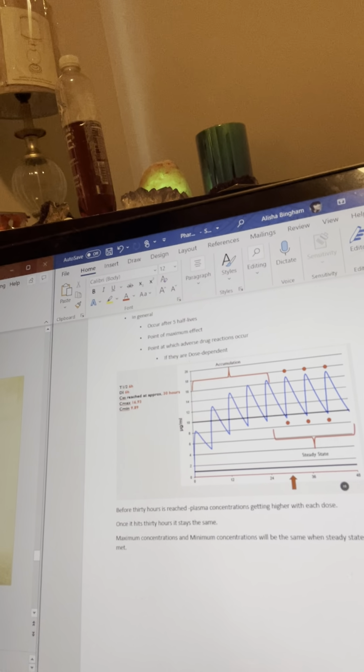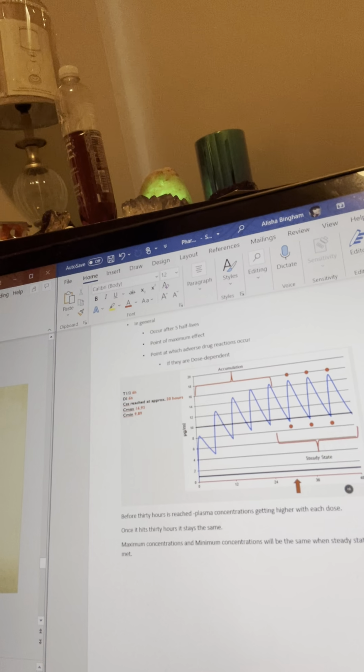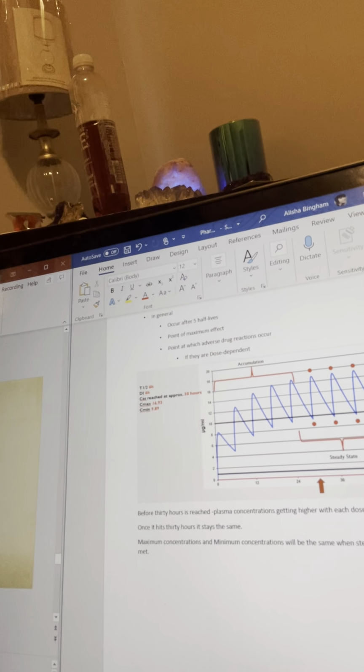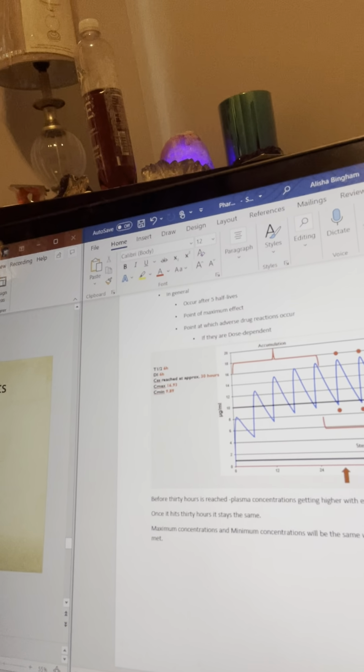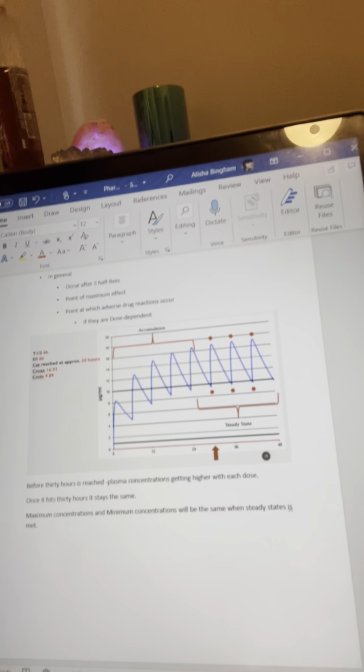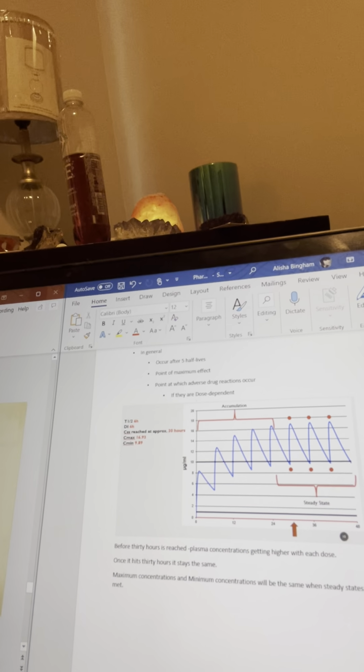So that would be 30 hours. And then we got the concentration max as 16.93 and the concentration min as 9.89. But before 30 hours is reached, the plasma concentrations are getting higher and higher. But then once it hits 30, it stays the same. So that's when the concentration max and min are in equilibrium, and this is when it reaches the state of steady stable concentration.